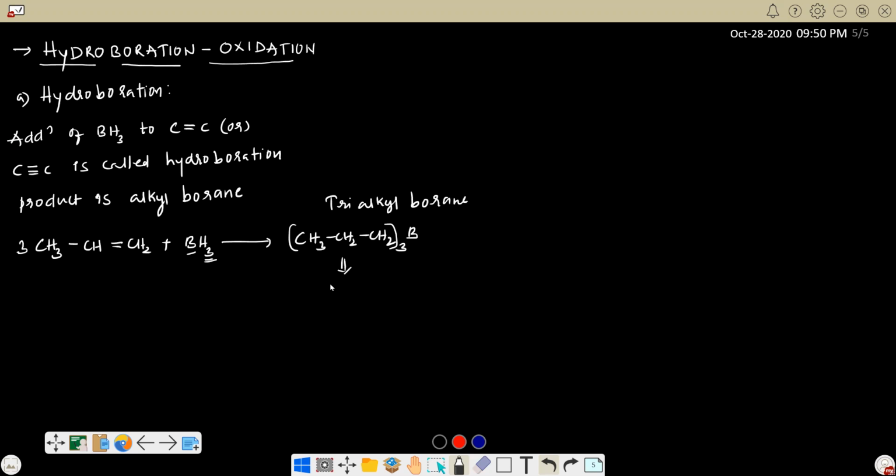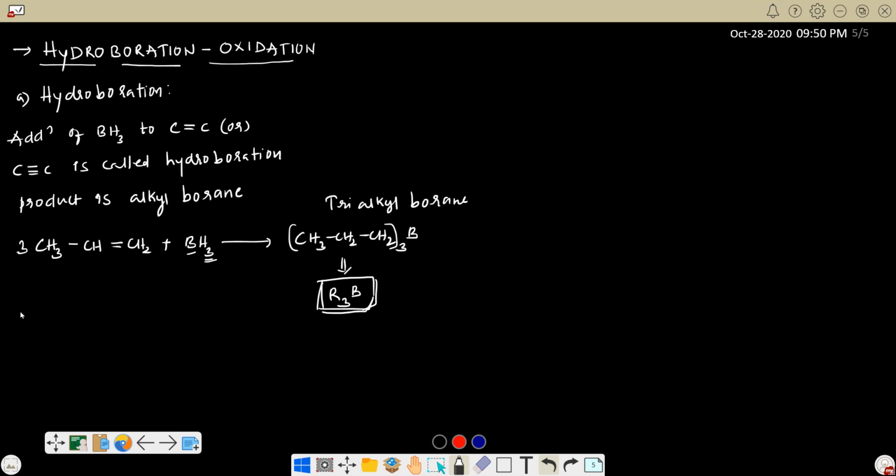Simply, this unit we can represent as R3B. This is a very important compound synthetically because from trialkyl borane we can prepare alcohols, alkanes, and even carbonyl compounds. Different compounds we can prepare from alkyl borane because it is very important. So this part is alkyl borane.